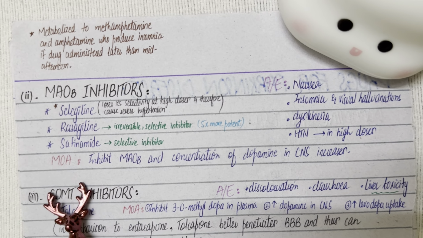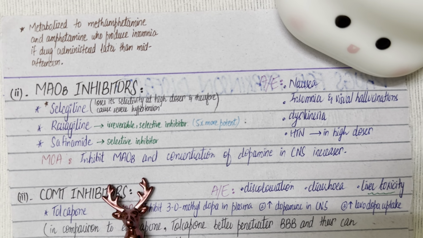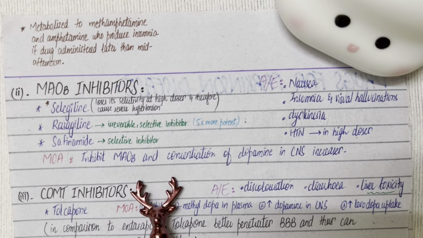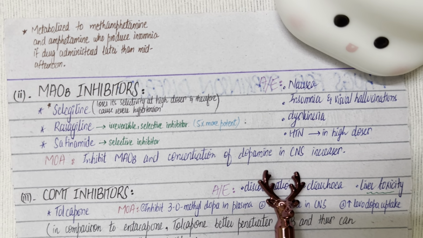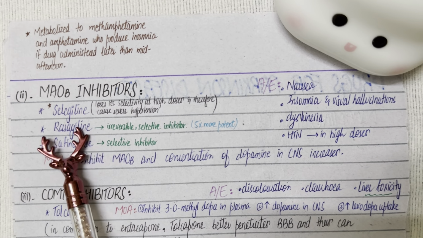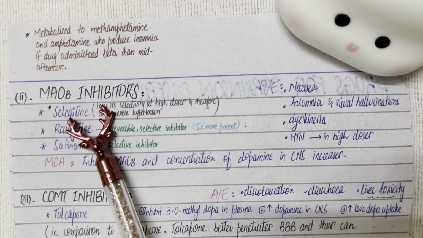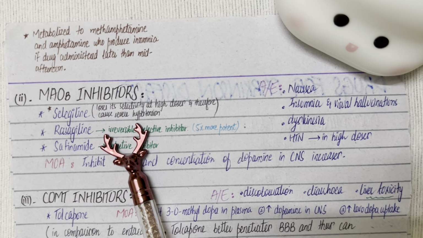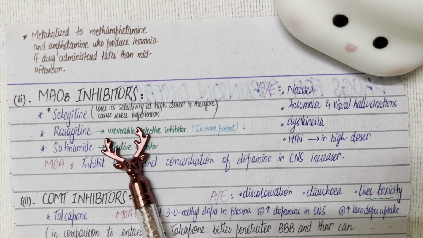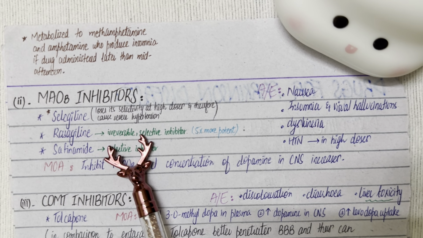Their mechanism of action is that they inhibit monoamine oxidase type B, enzyme that metabolizes dopamine, and thus concentration of dopamine in CNS increases. The drugs included in this class are selegiline, rasagiline, and safinamide. However, selegiline loses its selectivity if given in high doses. That is, it also then acts on monoamine oxidase type A receptors.